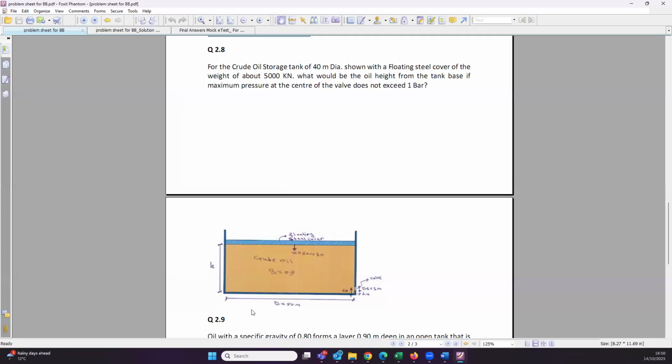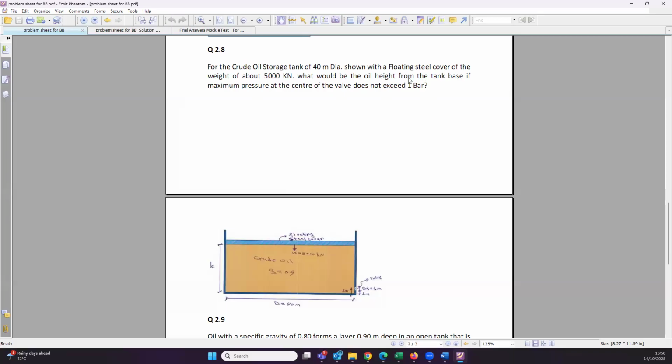You need to calculate the height of this tank from top to bottom, and also what the oil height from the tank base will be if the maximum pressure at the center of the valve does not exceed 1 bar.